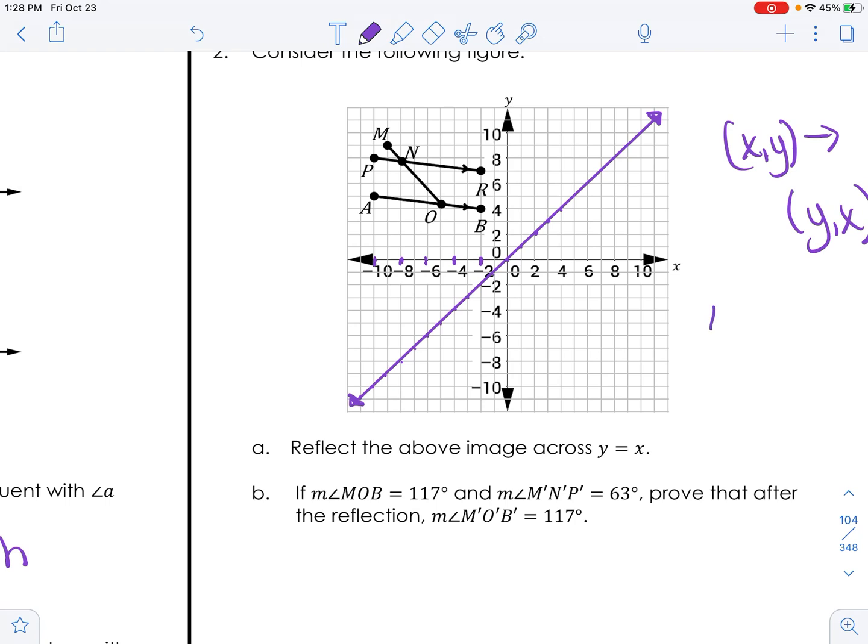So we're going to flip-flop that. So A' would be at (5, -10). Okay. B is at (-2, 4). So B' would be at (4, -2).